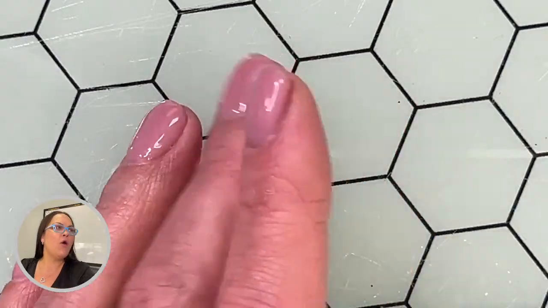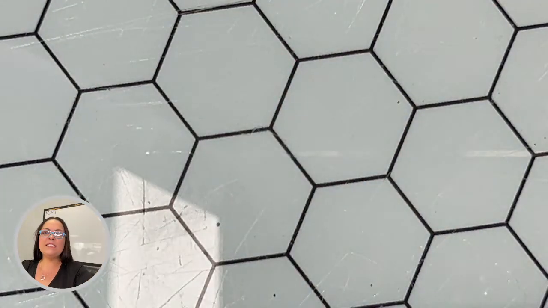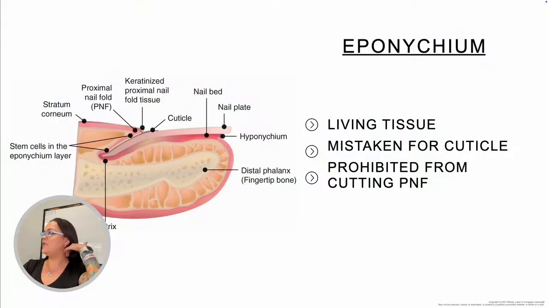So the biggest thing I want you to take away from this is that nail technicians are allowed to gently push back the PNF and the cuticle. But we are prohibited. What does the word prohibited mean? Not allowed. Period.